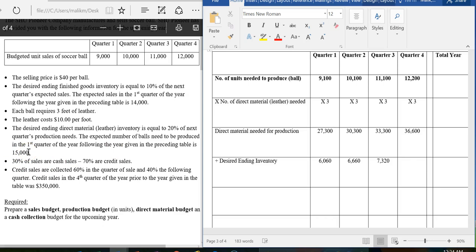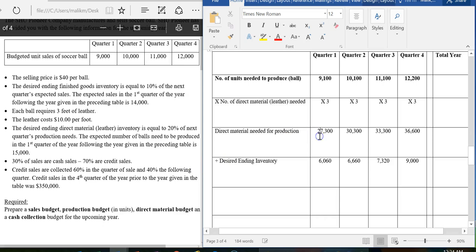In terms of direct material, the feet of leather, you need to multiply by 3. For each ball, you need 3 feet of leather, so 15,000 times 3 is 45,000 feet of leather, and then take 20% of it. 45,000 times 0.2, and you will get 9,000. So that's the ending inventory for quarter 4.